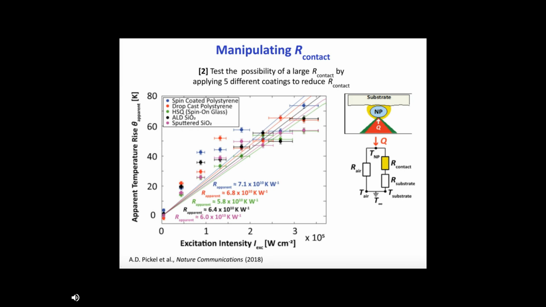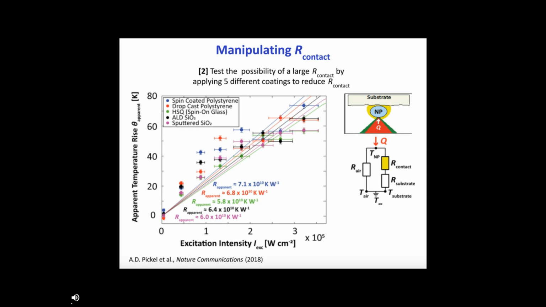To vary the thermal contact resistances, we applied 5 different coatings to our samples designed to improve the thermal coupling between the nanoparticle and the substrate. These coatings were spin-coated and drop-cast polystyrene. We applied HSQ, which is a spin-on glass, sputtered SiO2, and finally atomic layer deposition of SiO2.